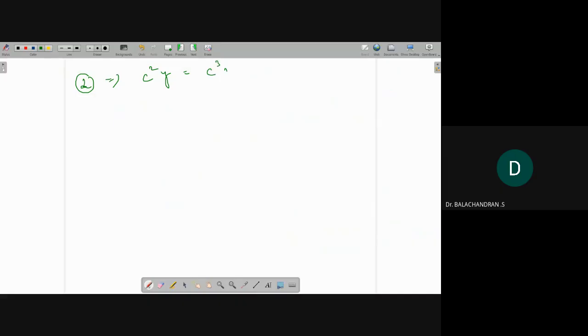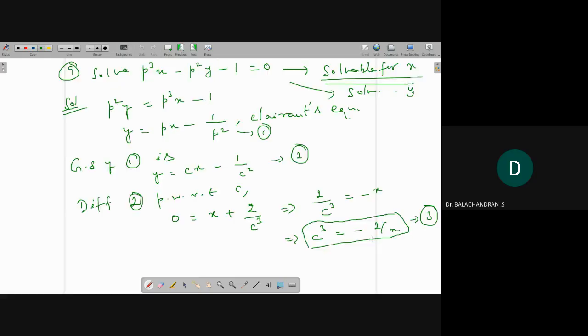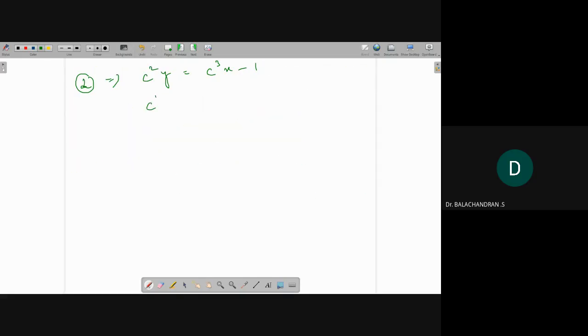But we know c cube equal to what? Minus 2 by x. So c square y equal to minus 2 by x into x minus 1. So c square y equal to minus 2 minus 1, so minus 3.